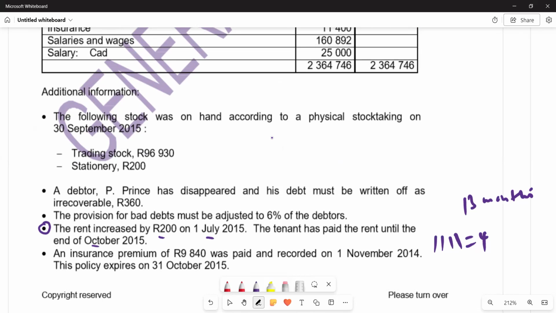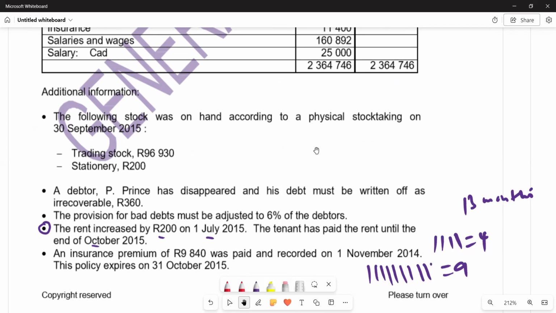So we say October, November 2014, December, January, February, March, April, May, June, and then on the 1st of July the rent was increased. So it was an increase for 1, 2, 3, 4, 5, 6, 7, 8, 9 months. So we can formulate our formula from that basis.